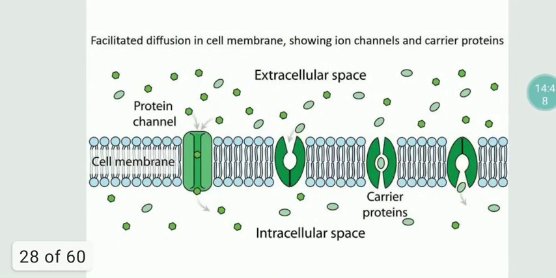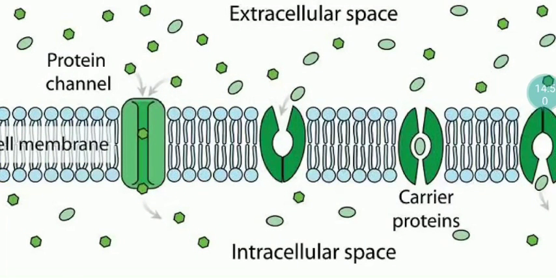Now say water is moving from the extracellular space to the intracellular space through the phospholipid bilayer. Very little water passes through, and this condition is known as osmosis. What is osmosis? Passage of water molecules, solvent molecules, across the plasma membrane or semi-permeable membrane is known as osmosis.